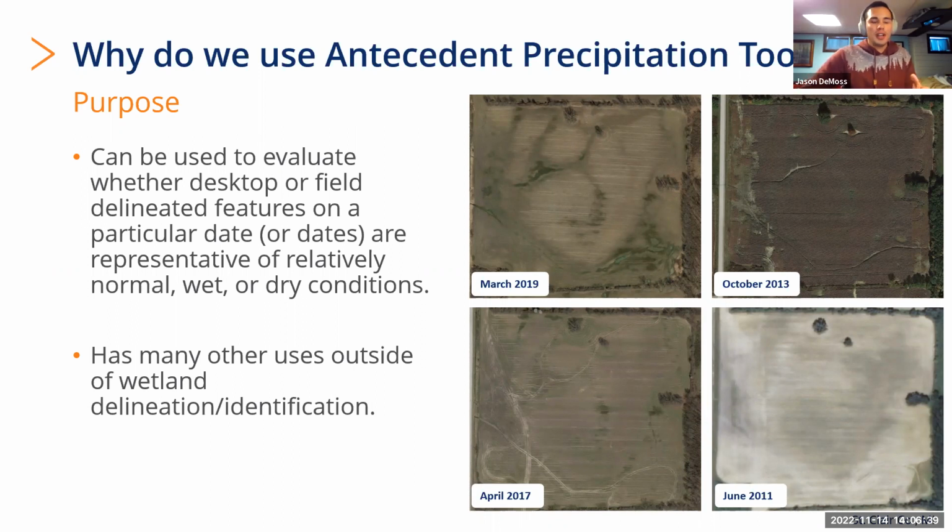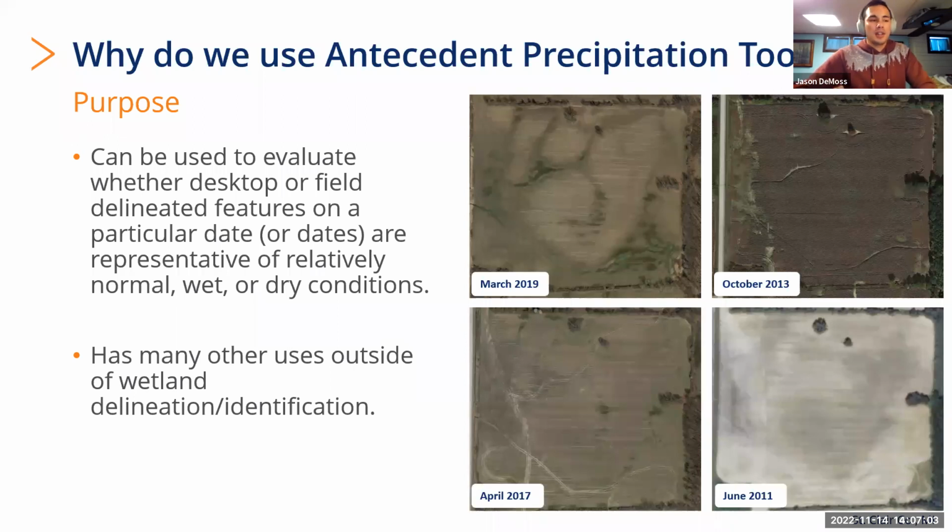As you can see in the photograph here, this is an example of a site. For example, if you went to the site in March 2019, that could have been considered a more wet time of year relative to the past 30 years of precipitation data, versus if you went to the site in June 2011, maybe the site was very dry at that time of year, or maybe say October 2013.